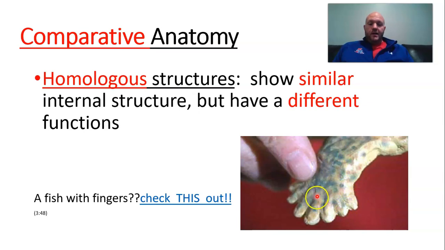If you watch this sweet 3-minute and 48-second video on a fish with fingers, you can check that part out, that some species of fish have evolved bony structures that are similar, but you should see similar internal structures that have markedly different functions based on the fact that they're used by different species for different things. That's what comparative anatomy shows.